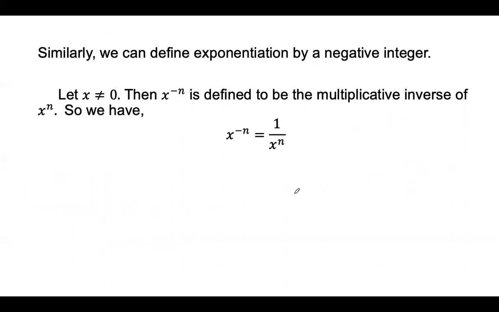Now, we've been talking basically about positive exponents and power to the 0. We can do the same thing with exponents that are negative integers as well. For example, if x is not equal to 0, then x to the power negative n, by definition, is the multiplicative inverse, which is the reciprocal, which we talked about before.